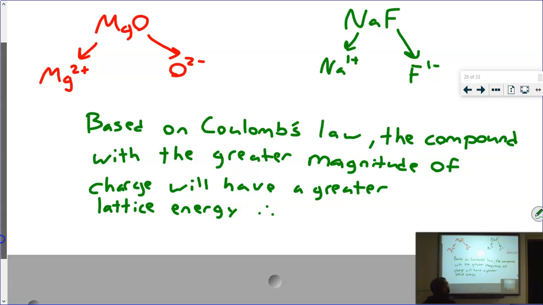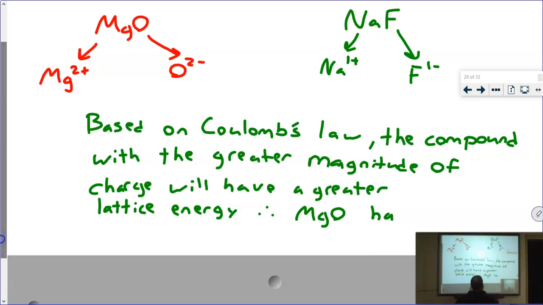Therefore, magnesium oxide has stronger ionic bonds.